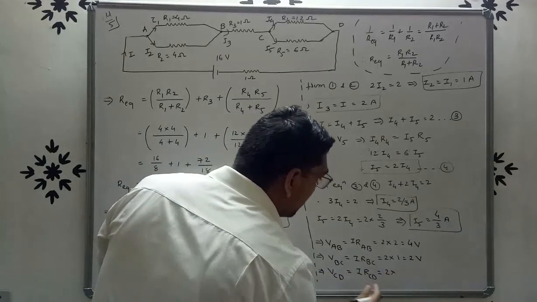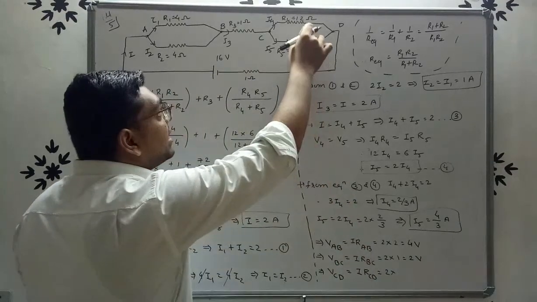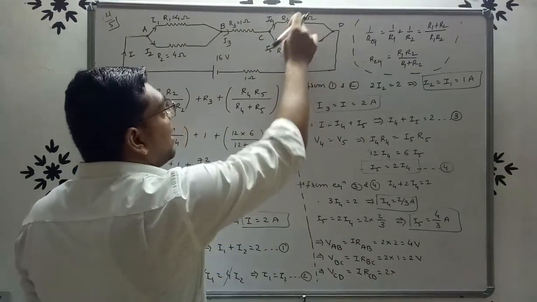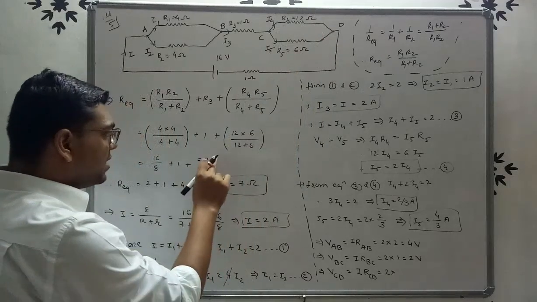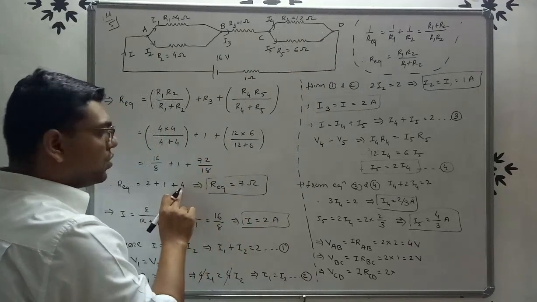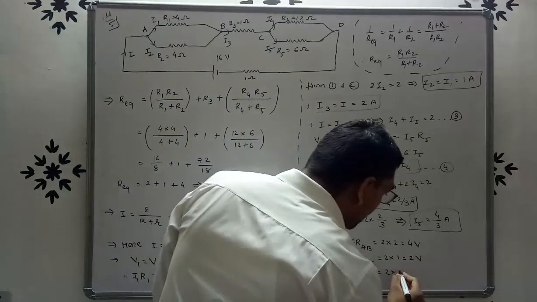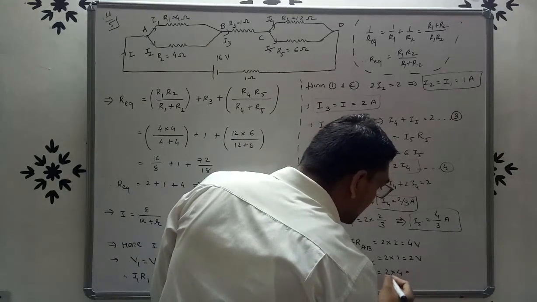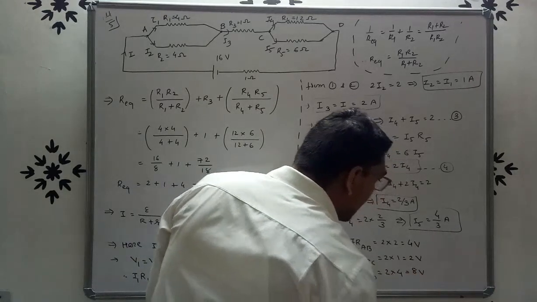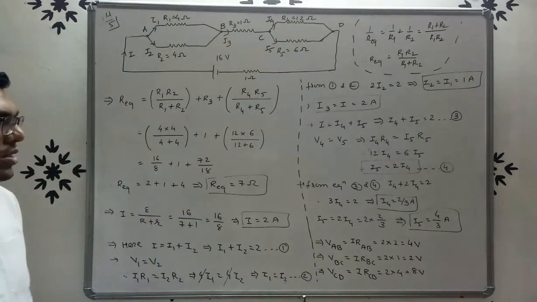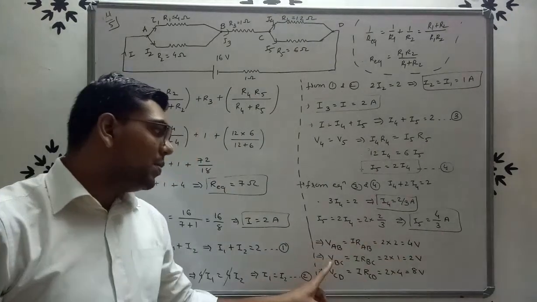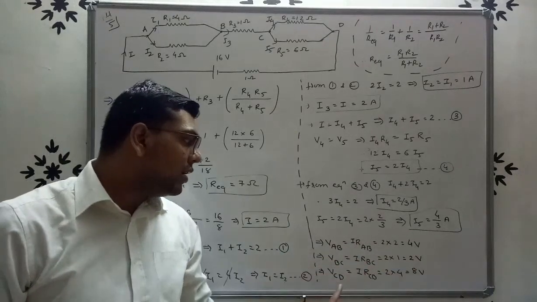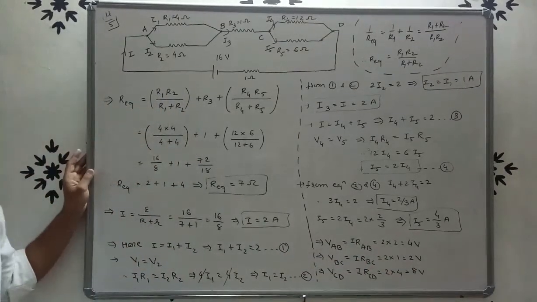So 2 into RCD, the equivalent resistance between C and D, 12 and 6. So 12 into 6 upon 12 plus 6, that is 72 by 18. So 4. So this equivalent resistance will be 4. So 2 into 4, 8 volt. Right? So the voltage drop between A and B is 4 volt, between B and C is 2 volt, and between C and D is 8 volt.